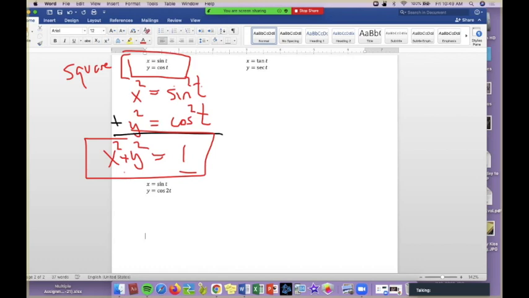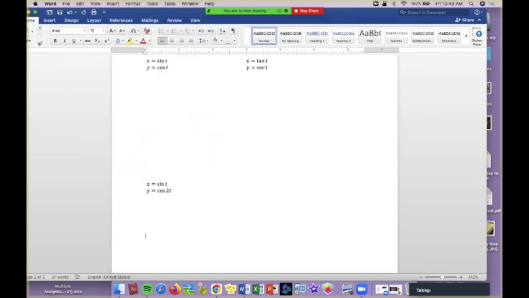Let's take a shot at the one to the right. It's going to require a variation of the Pythagorean identity. I don't have it memorized myself. I know that sine squared plus cosine squared equals 1. So to get tangents and secants involved, I'm going to divide everything by cosine squared.